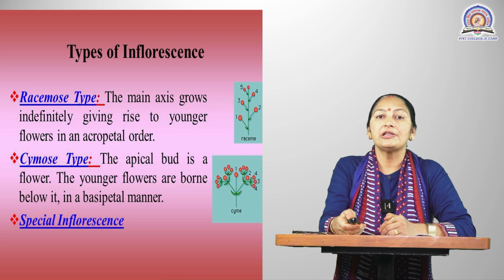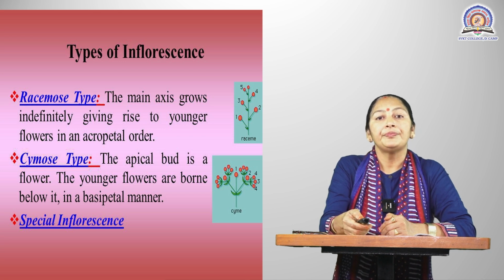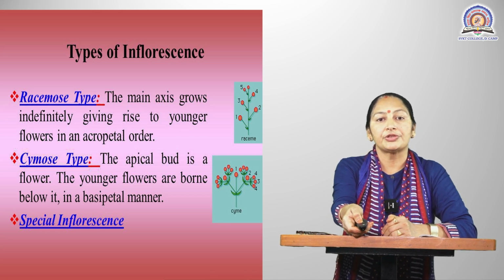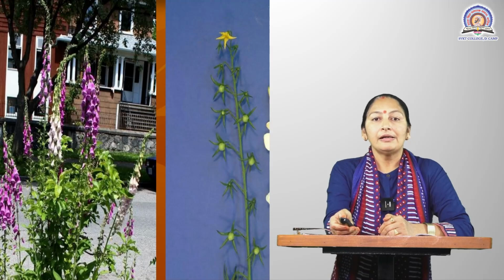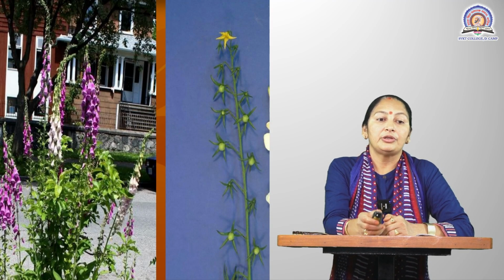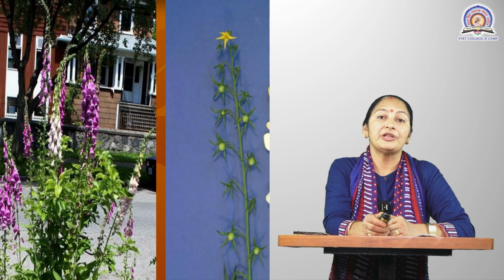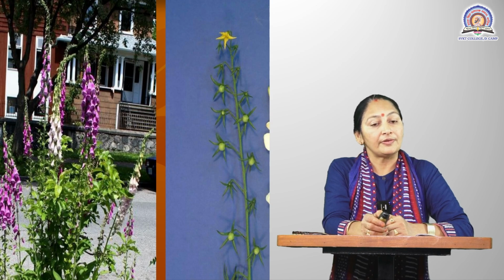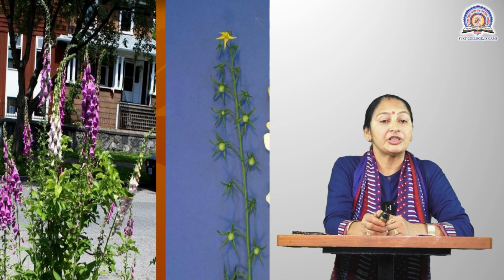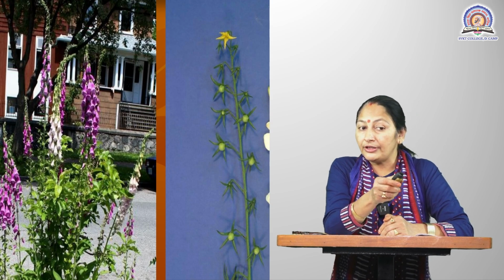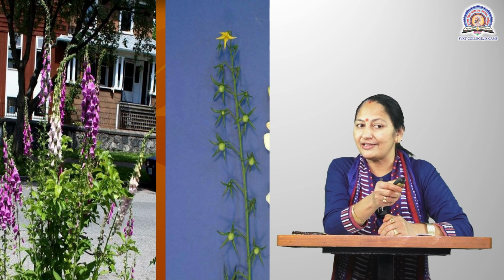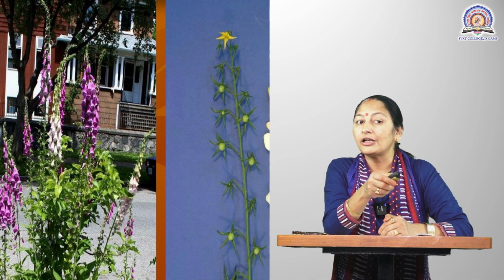First, you have to see the difference between the cymose and the racemose types of inflorescence. In the racemose, this is the diagram. So you have to see the diagram of the racemose inflorescence. In the picture of the racemose, you see the older flowers are arranged on the basal side, and the branch is unlimited in growth.